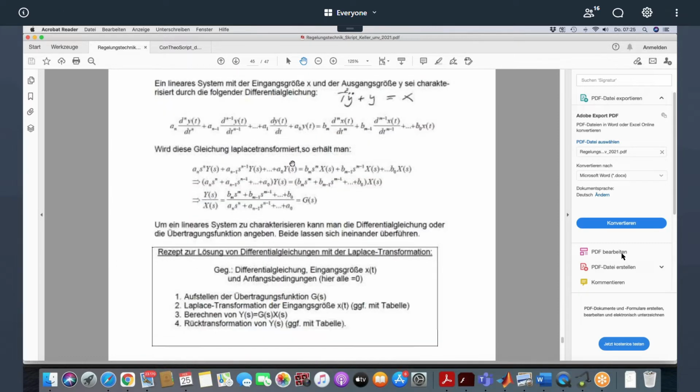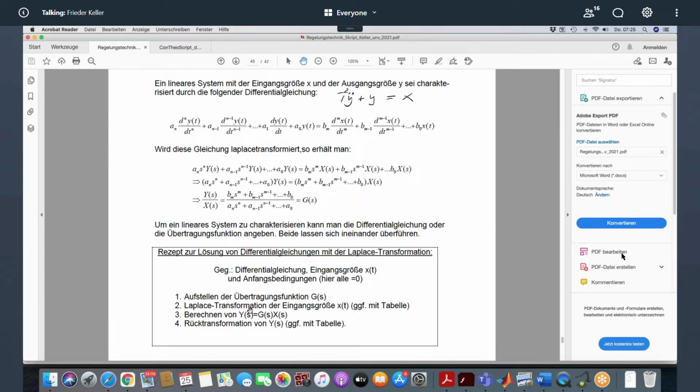Here is, in short words, a characterized recipe for the solution of differential equations with the Laplace transformation. Now we need g of s. We make the Laplace transform of the input signal.